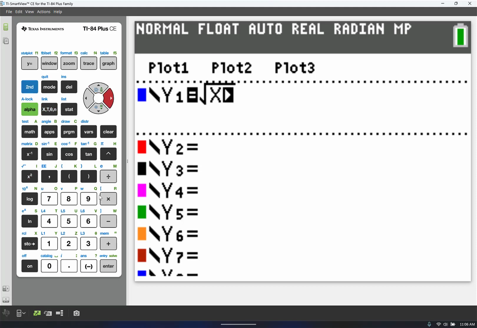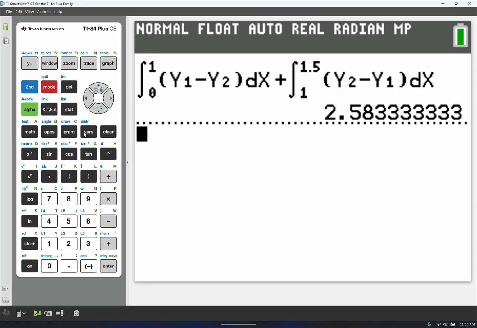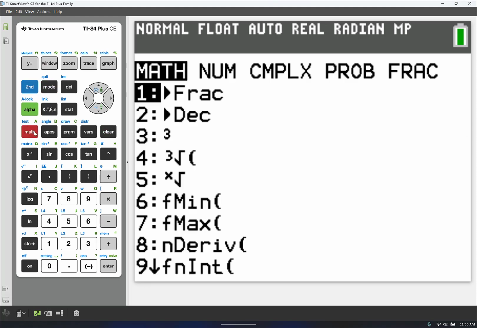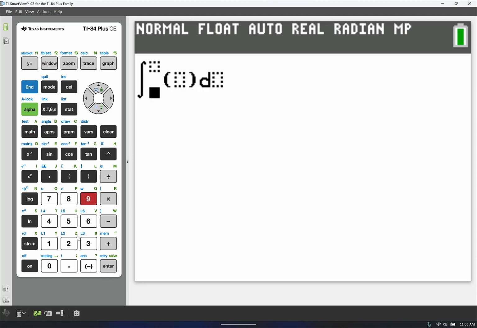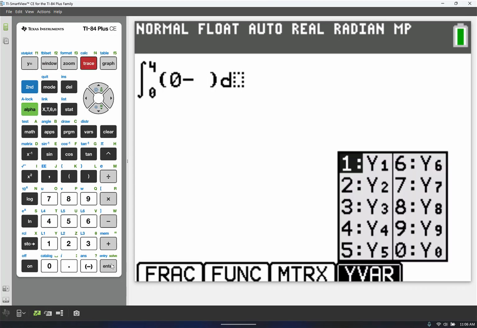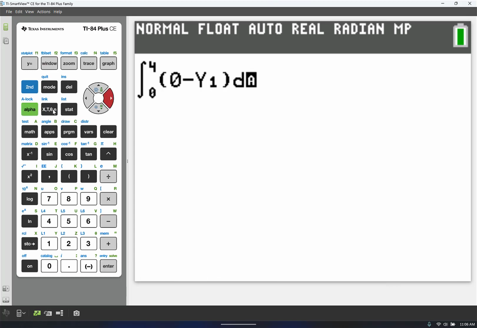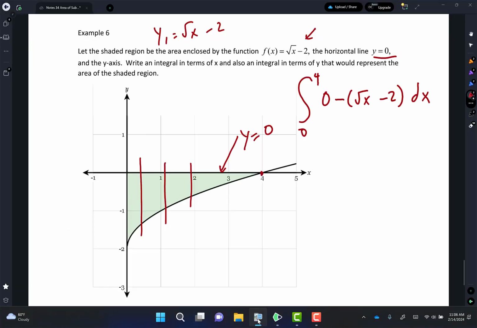I'm going to go math number 9, 0 to 4 of 0 minus, I guess you can just put negative, but alpha trace y1. Put the x on it. Enter. 2.66666. It's actually going forever, but there's tolerances that are not being met.